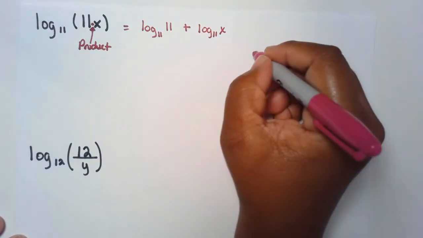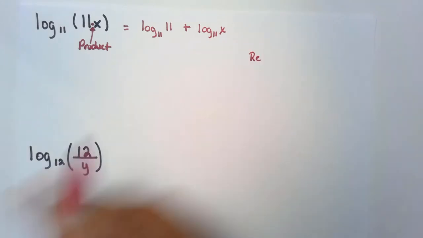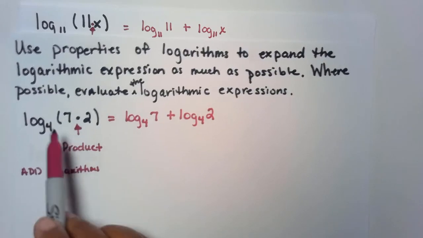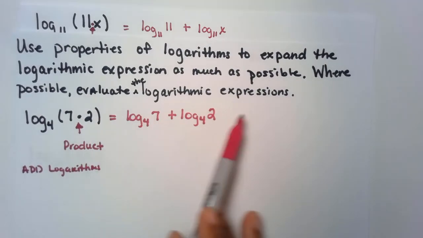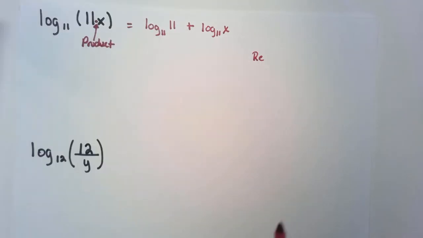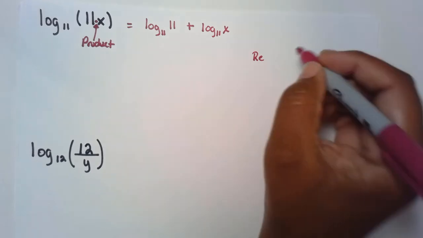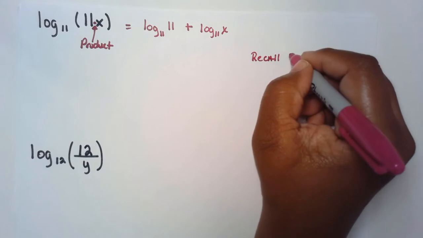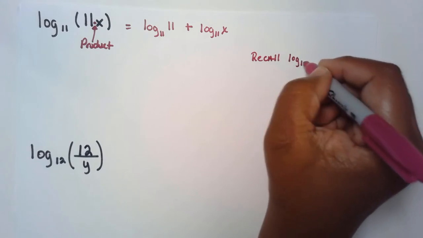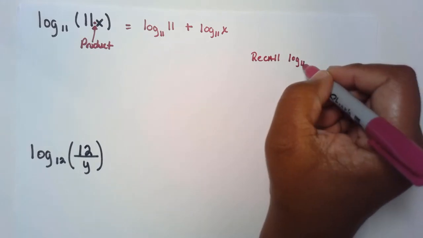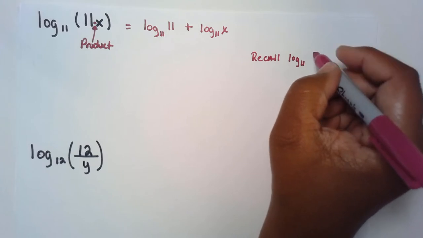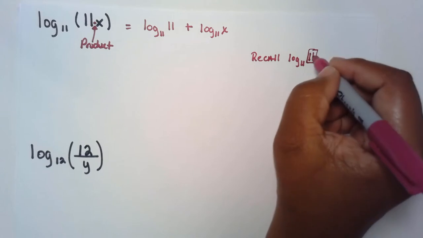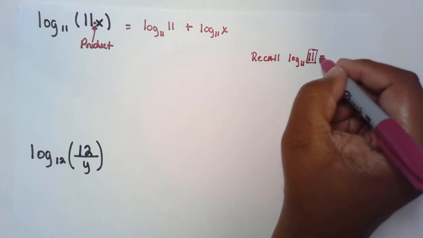Now I want you to recall a property, because the instructions say, where possible, evaluate the logarithmic expressions. Whenever we have a base, log base 11, and the argument is identical to the base, it's going to equal 1.